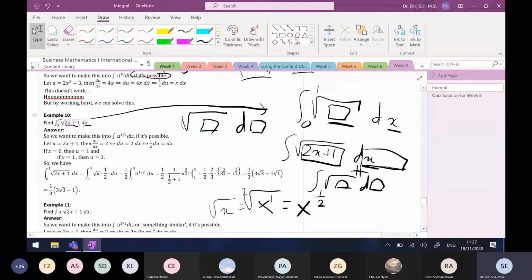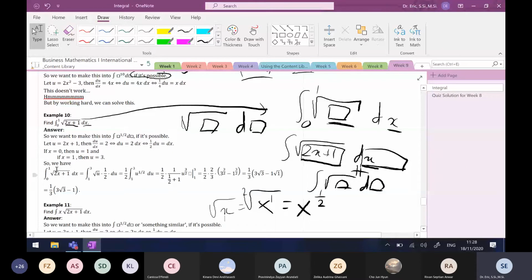Don't forget you have the upper and lower boundaries. They should also change according to your choice of u. If x equals 0, u is 2 times 0 plus 1, which is 1. When x equals 1, u equals 2 times 1 plus 1, which is 3.